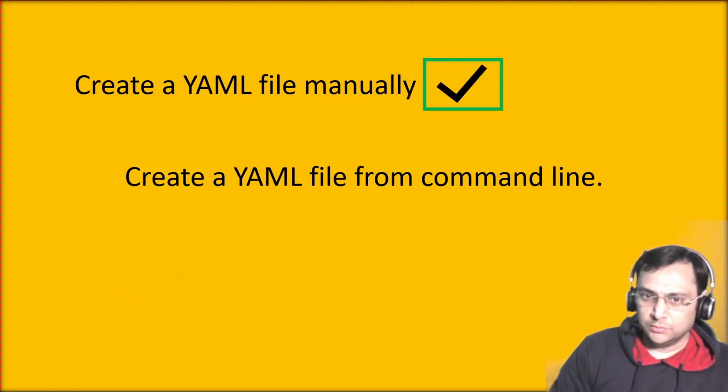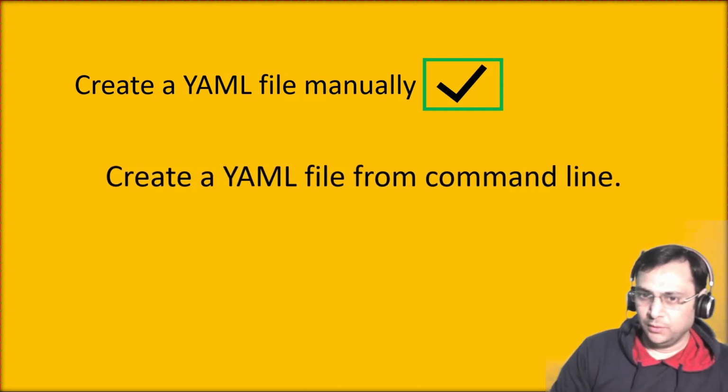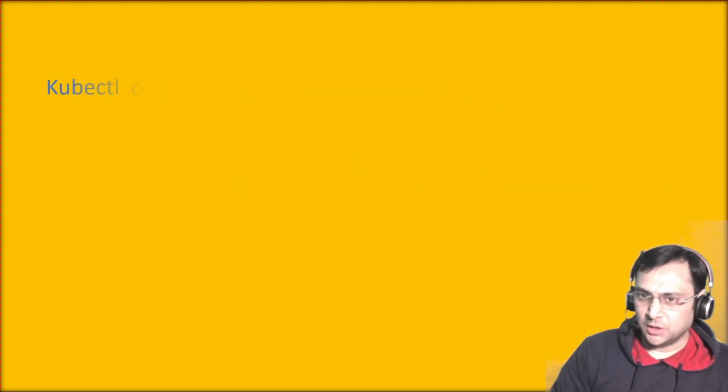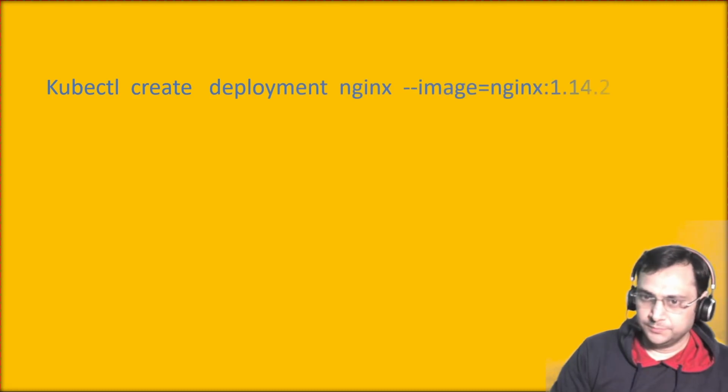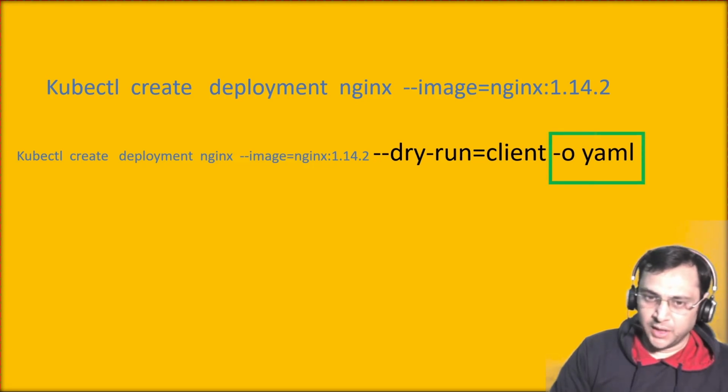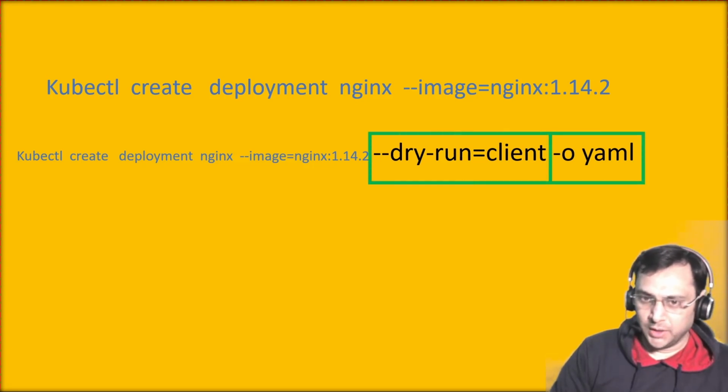If we have pod YAML file, we can also create a YAML file for the deployment from command line. So let's explore this option. Last time we used this command to create a deployment, right? This time we use this command again, but with an extra option, that is --dry-run=client and -o yaml.